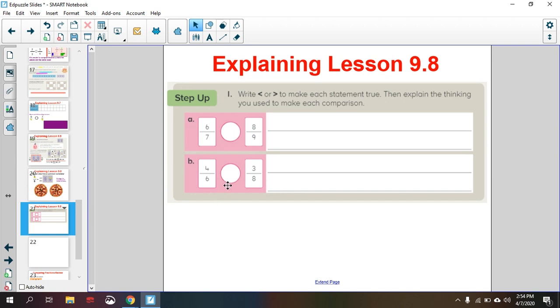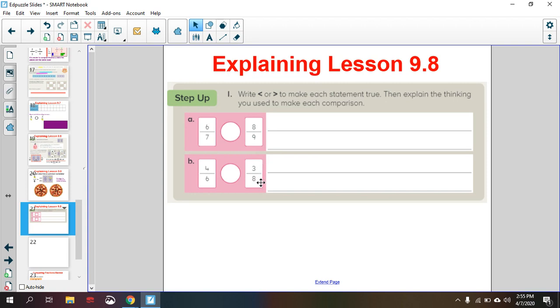Okay, and then B, this is where your understanding of fractions could be really good, because when you see 4/6, you know 4/6 is more than half, because half of 6 would be 3. And if you've got 4 pieces, you know you have more than half. When you look at your other fraction over here, this says 3/8.